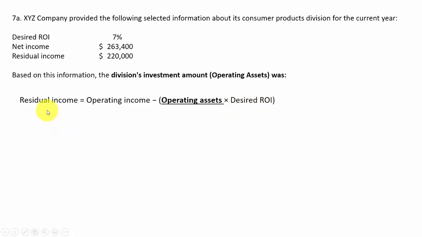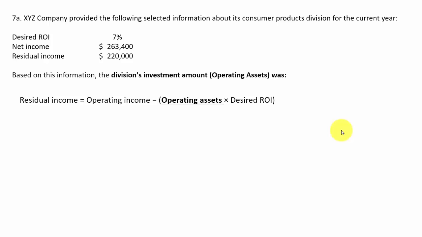Now there's 4 pieces here. We've got residual income on one side. We've got operating income, operating assets, and desired return on investment. 4 pieces, 1, 2, 3, 4. The problem gives us 3 of these 4 pieces, and we're trying to solve for the unknown piece, which in this case is operating assets.